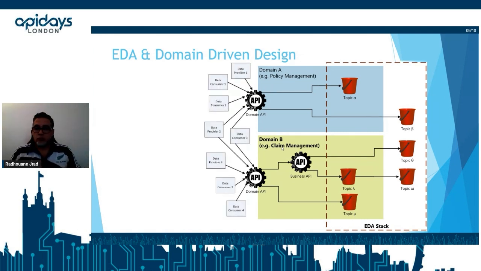So on the left-hand side, multiple data providers, multiple data consumers. You can separate the data provision domain APIs from the data consumption domain APIs. You can have two APIs, or you can have multiple APIs. But what I wouldn't advocate for is a consumer-specific API.